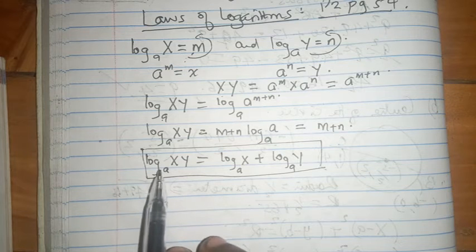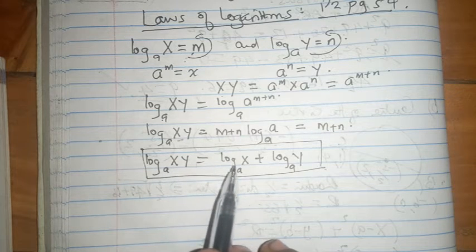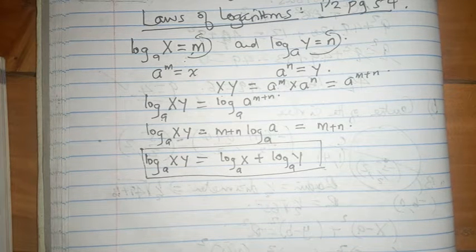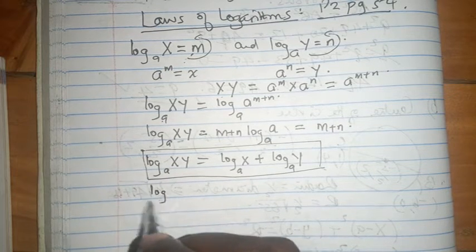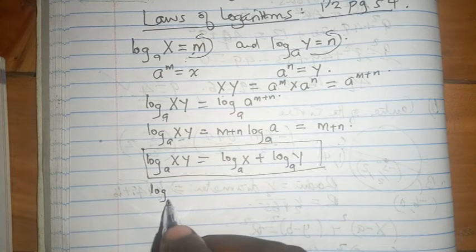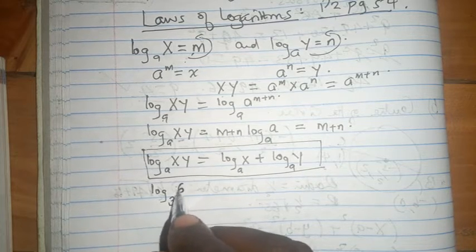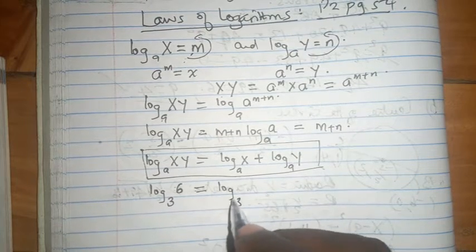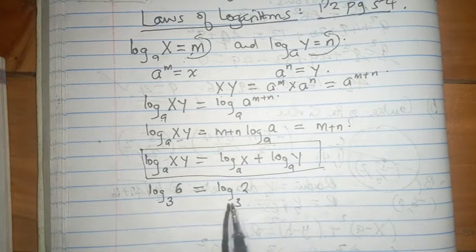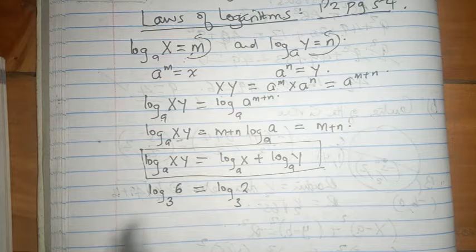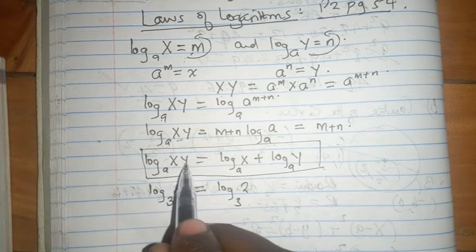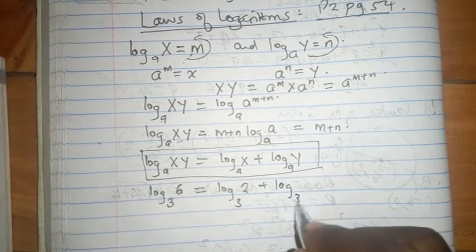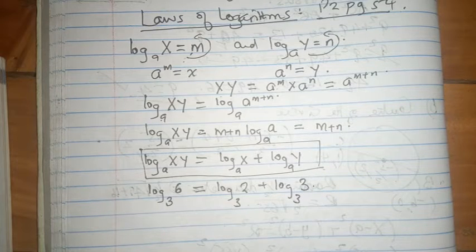Generally, log to base a of xy is equal to log to base a of x plus log to base a of y. For example, log to base 3 of 6 is going to be log to base 3 of 2 times 3, because 6 can be written as 2 times 3. So it's going to be log to base 3 of 2 plus log to base 3 of 3. That is exactly what it means.